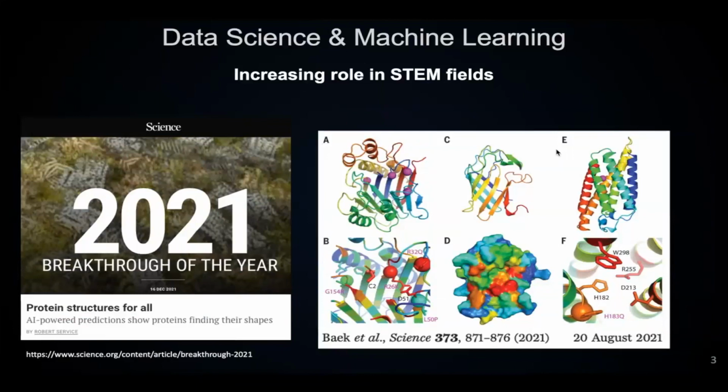These are the three-dimensional structures of some of these proteins. This particular case is a protein called Tango2, and some of the points that are highlighted there as spheres are pathogenic mutations of these proteins.